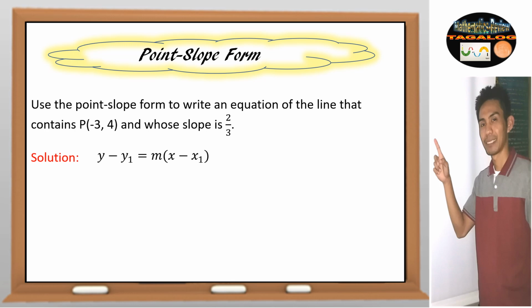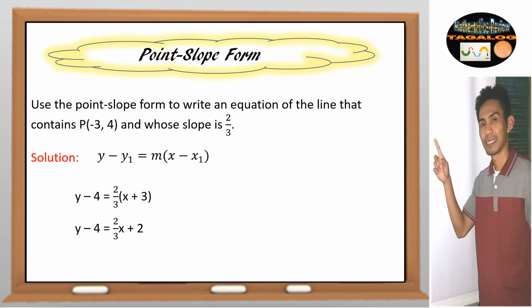So, substitute -3 for x sub 1, 4 for y sub 1, and 2/3 for m. Ayan po siya. Y minus 4 is equal to 2/3 times x plus 3. Bakit naging plus? Kasi po -3 yung x coordinate natin. Okay, then next, expand po natin.